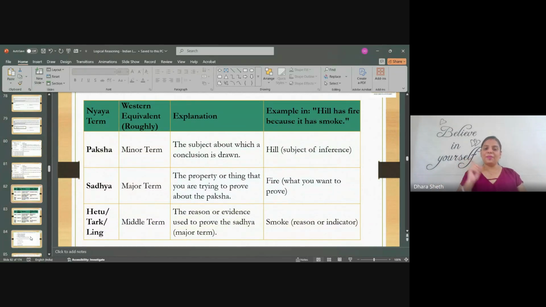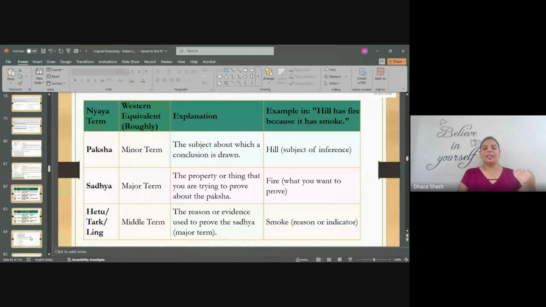The definition of major term, minor term, and middle term is different in Nyaya philosophy or Indian logic system. The way the question is formatted, you will be able to understand whether this question pertains to Western syllogism or Indian syllogism, because there you will have statements related to square of opposition.